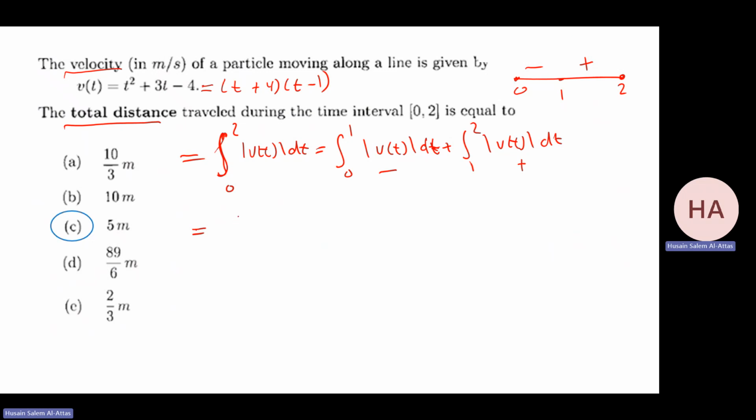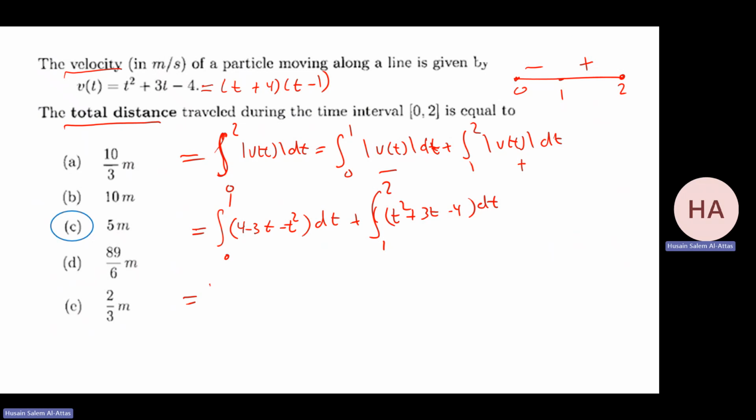So I have what? Integral, the opposite of this, 4 minus 3t minus t squared dt from 0 to 1, the positive one as is, t squared plus 3t minus 4 dt from 1 to 2. There, do the calculation.